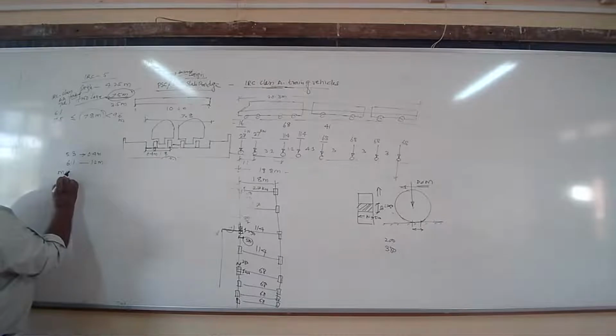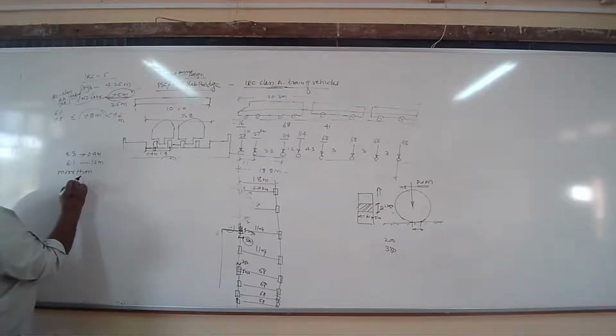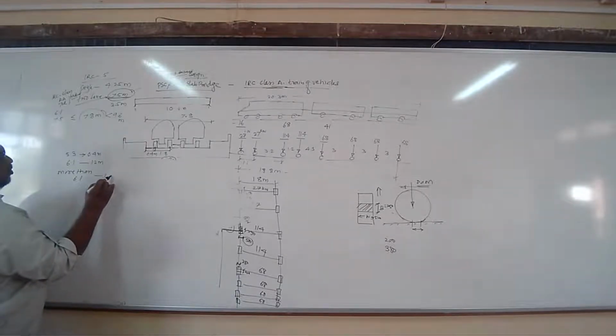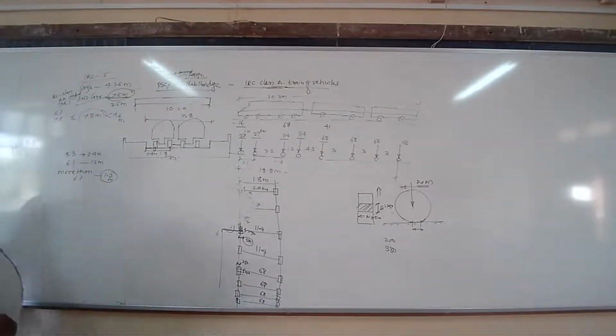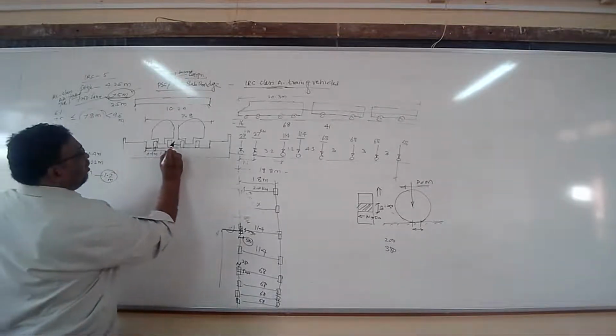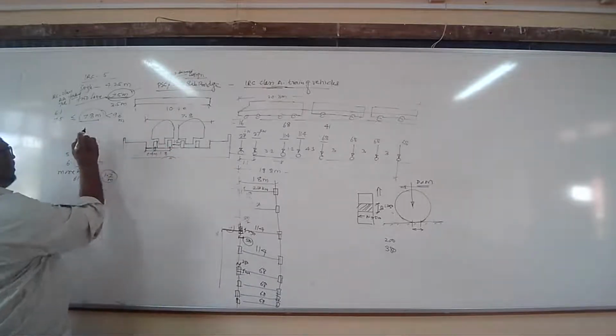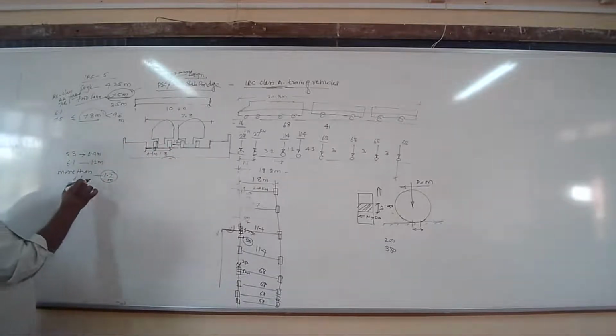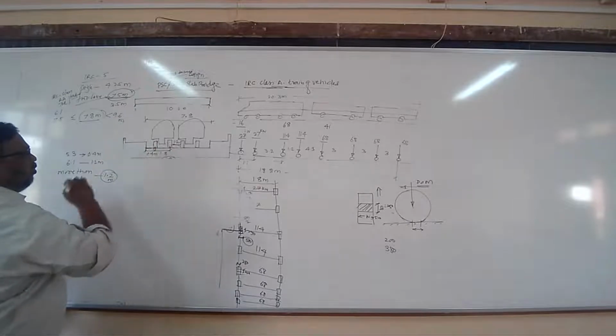If it is more than 6.1, then also the minimum distance that we have to consider outer to outer of the wheel is 1.2. Because it is 7.8, it is more than 6.1, then the outer to outer distance must be equal to 1.2.